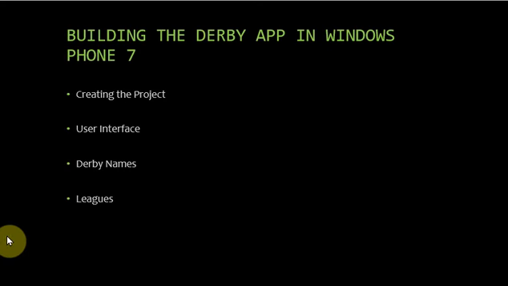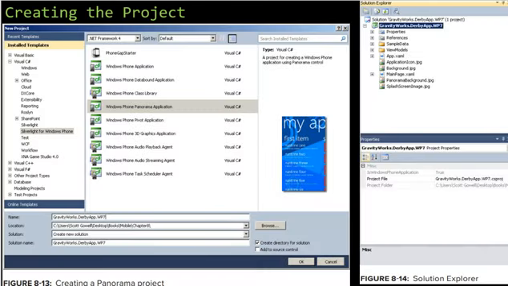Here Derby is nothing but the local team. They're speaking about the local team. Here we are going to implement the features of the Derby names project using Microsoft Visual Studio.